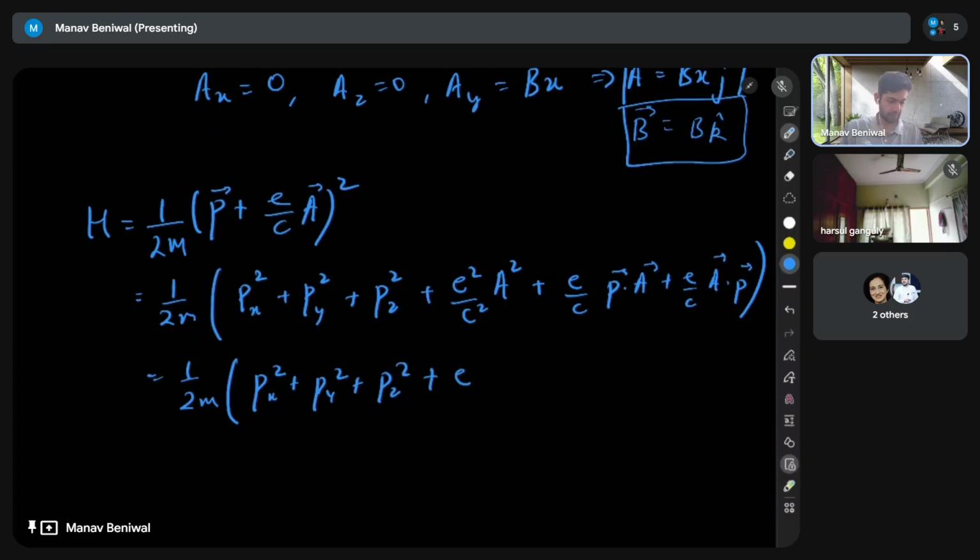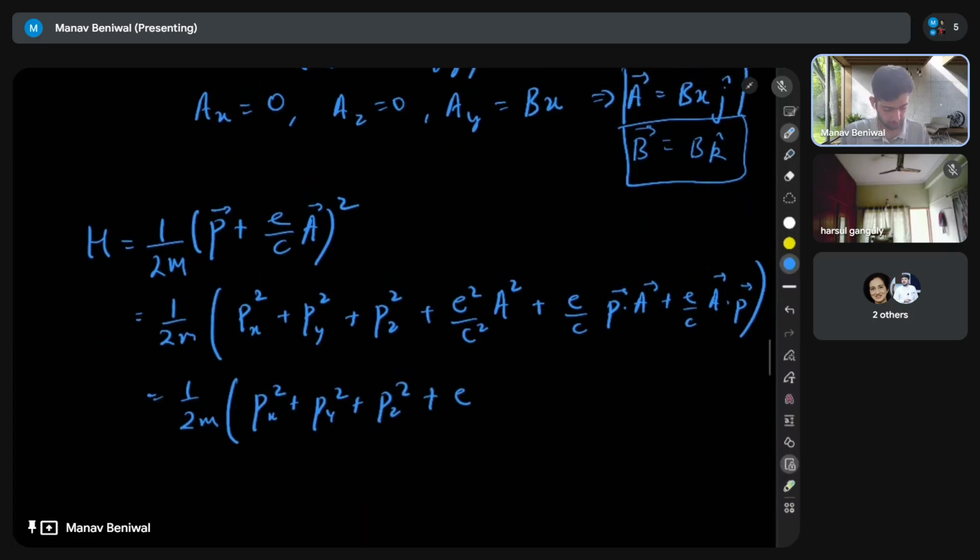Our A squared is B squared x squared, right? So e squared B squared x squared by c squared, plus e by c py Bx, because only the y component of A is non-zero, and then e by c Bx py.